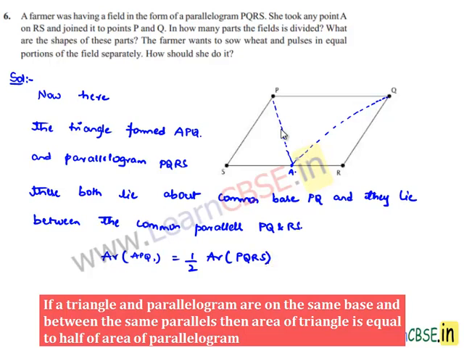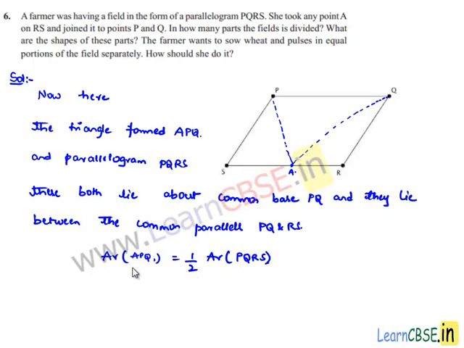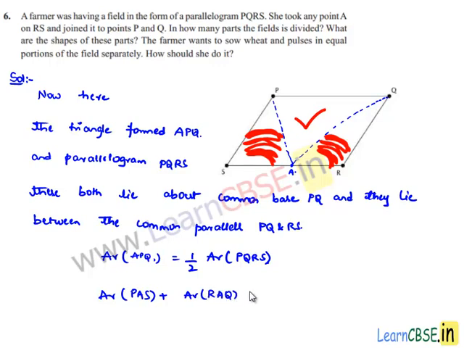Therefore, as area of APQ is equal to half times area of PQRS, the area of remaining part in the parallelogram, that is area of PAS plus area of RAQ, will be equal to half times area of PQRS.